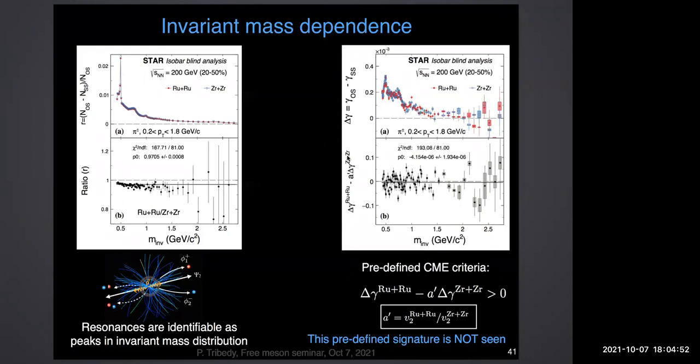So if you take the difference between ruthenium and zirconium, whatever remains may be related to the CME signal and its invariant mass dependence. Invariant mass is an interesting thing in this context. But anyway, what we saw is that after we took the difference, the difference is consistent with 0 in our measurement. Okay, in a blind analysis, you cannot do anything after you have opened the box.